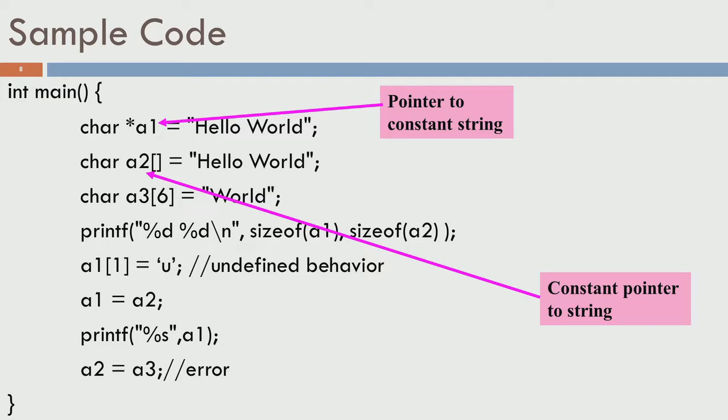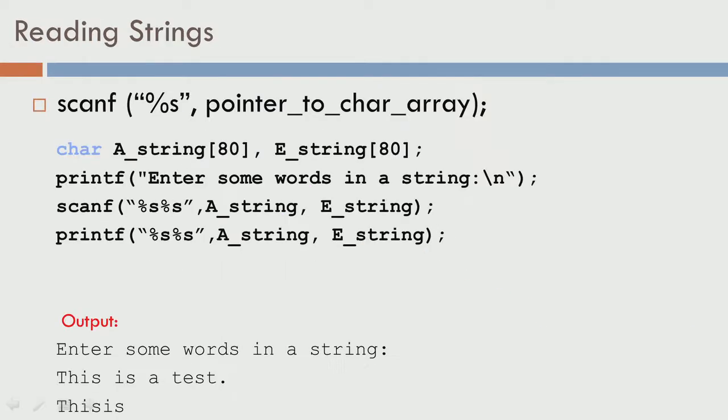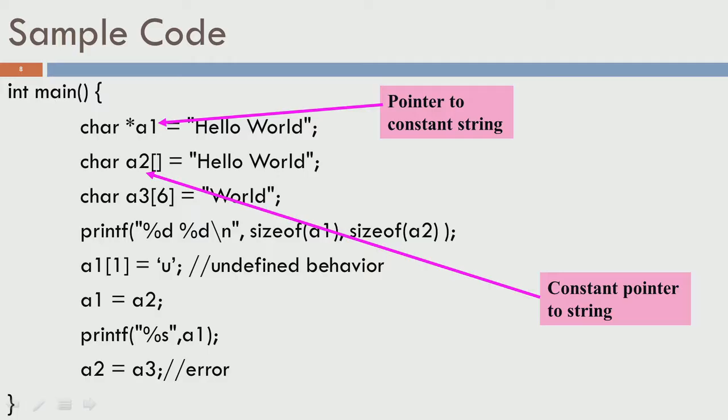Therefore, if you make A1[1] equal to 'u', you are trying to change a constant string. The string is supposed to not change through the program, but you are making A1[1] 'u', and that will result in undefined behavior. So, you may have A1 even changing to "HULLO", but you cannot always expect that this will work. Sometimes when you run the program, this can even result in an error.